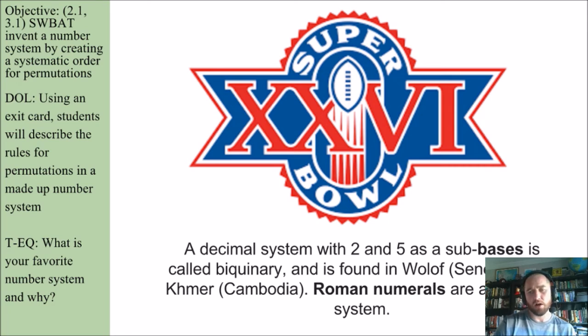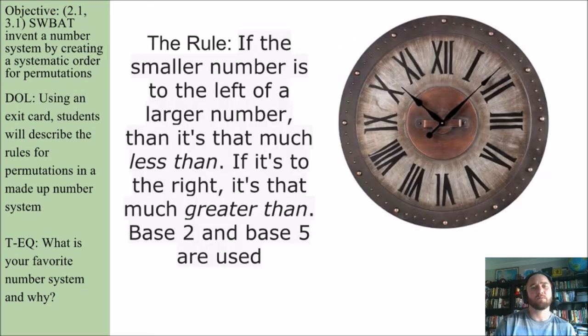Roman numerals are a biquinary system. The rule is, if the smaller number is to the left of a larger number, then it's that much less than. If it's to the right, it's that much greater than. So you're using base 2 and base 5.